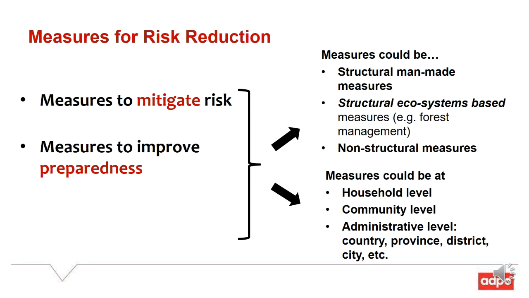Measures could be structural, man-made measures, structural ecosystem-based measures, forest management, bioengineering, nature-based solutions, and non-structural measures. Measures could also be in the preparedness part, at household level, community level, administrative level, country, province, district, city, etc., as well as, of course, facility level.